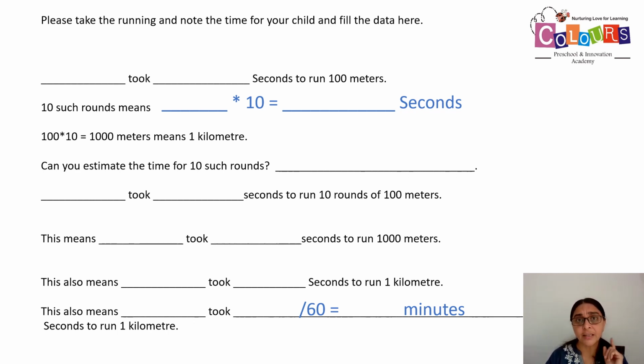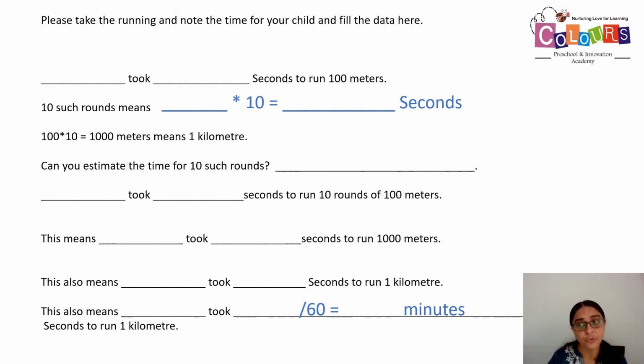After running the 10 rounds, note the time again and ask the child whether the time he estimated and the real time are different. Why is it different? You can even discuss that. So then you find out how many minutes are taken for 1 kilometer.